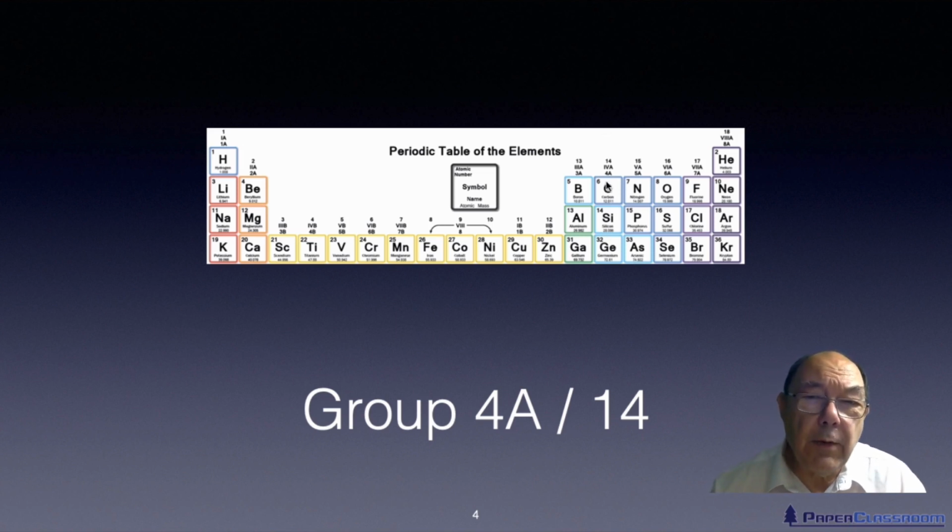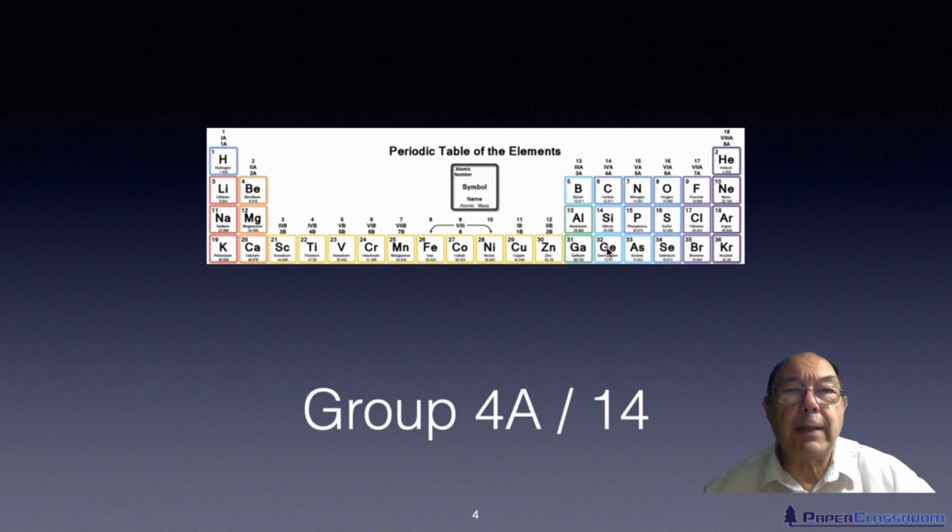That leaves this group here in the middle, group 4. In order to get to the 8 electrons it either needs to give away 4 electrons or acquire 4 electrons. And both of those processes are far too difficult.